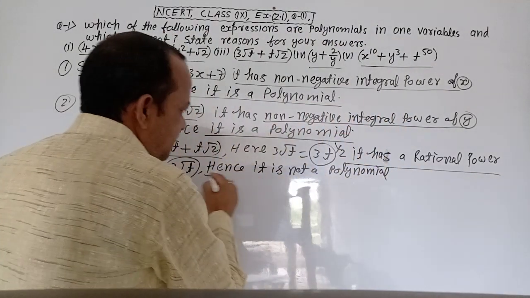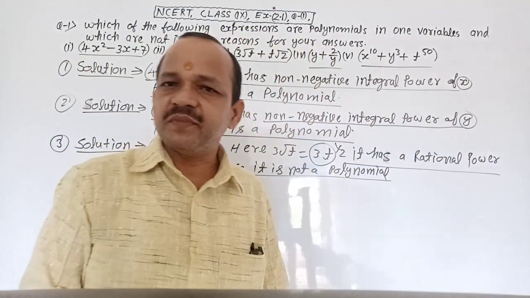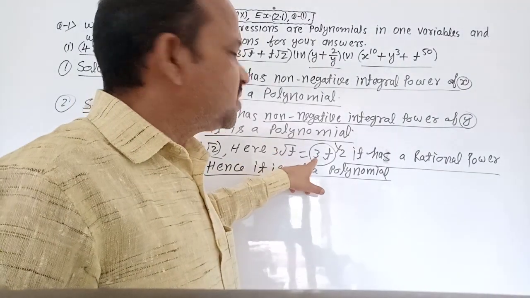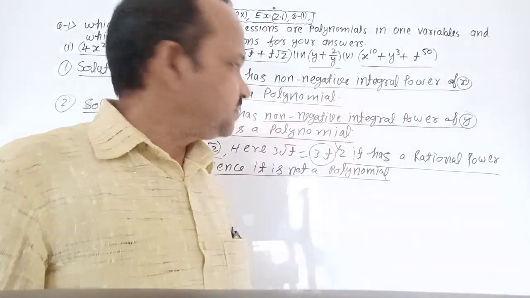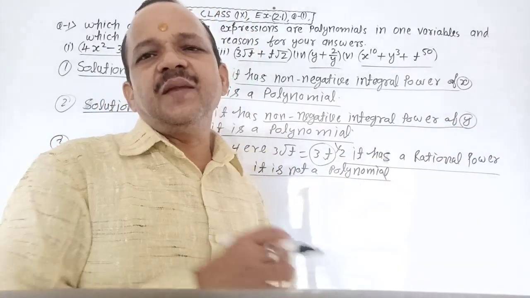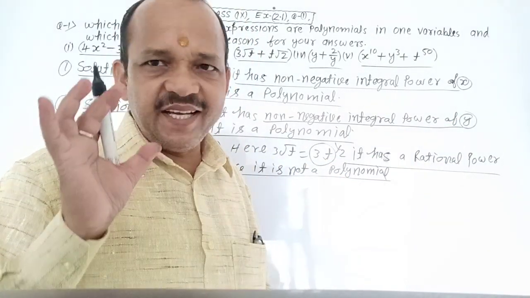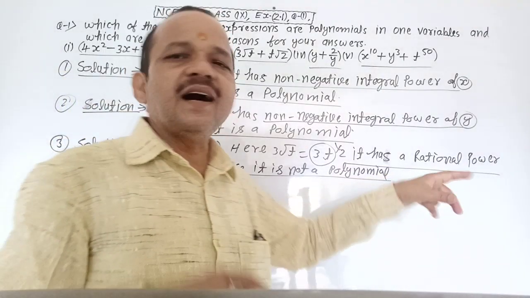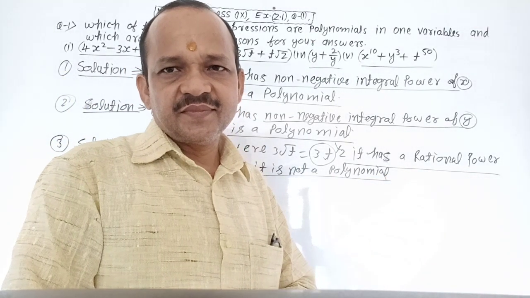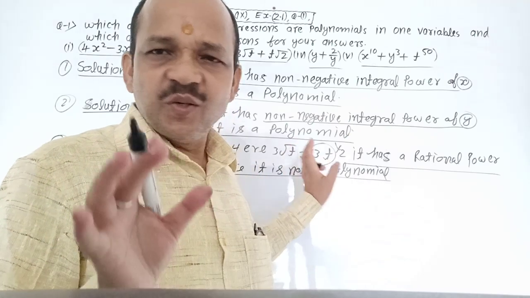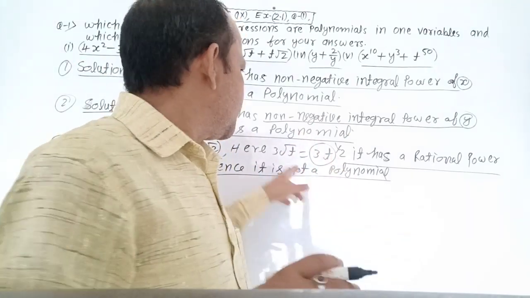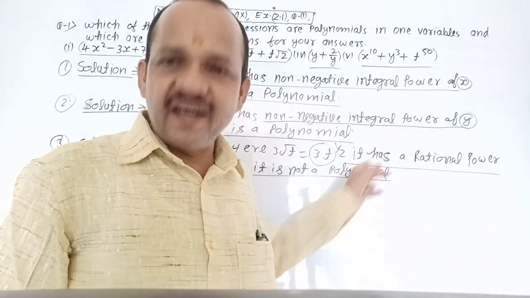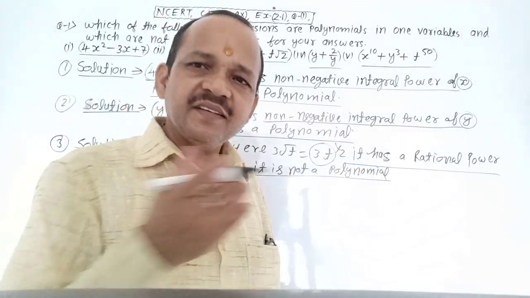Rational power, hence it is not a polynomial. Here 3 root t equal to 3 t power half. It has a rational power. Clear? Hence it is not a polynomial. Clear? No confusion about it. Next.